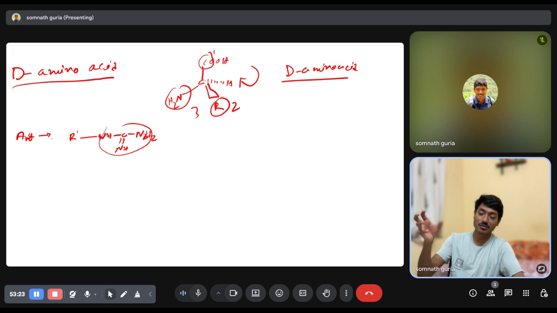Our peptidase actually works on L-arginine, and right now it is D-arginine. Will it be recognized? No, it should not be recognized by this peptidase, and the bacteria survive over there.